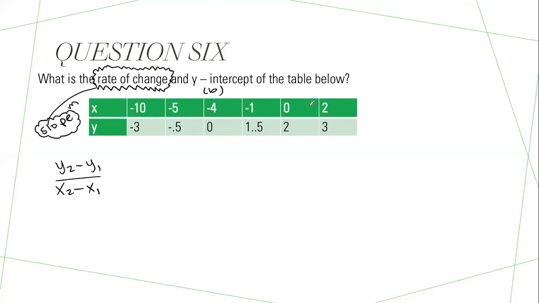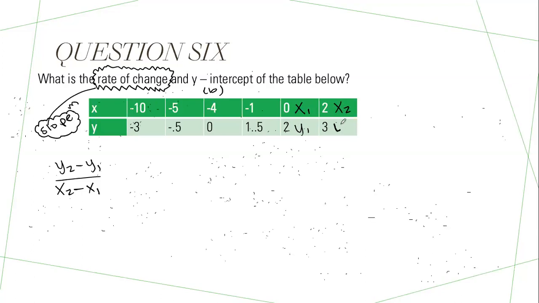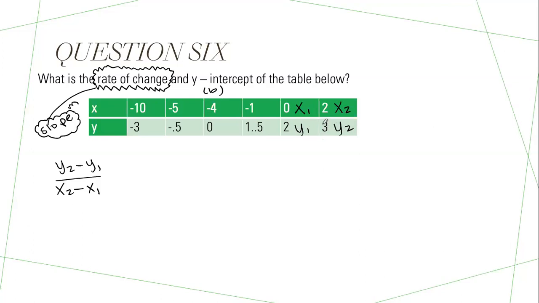So if you already started, that's fine. For me, I'm going to use x1 as 0, which would make y1 2. And x2 is 2, and y2 is 3. So I'm going to use these couple of ordered pairs to do my slope.